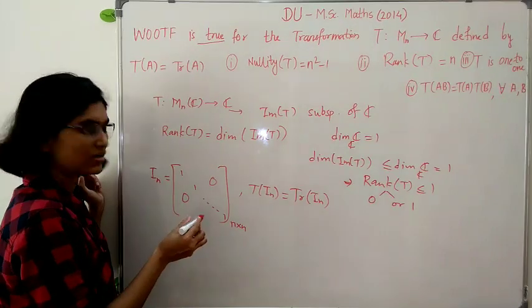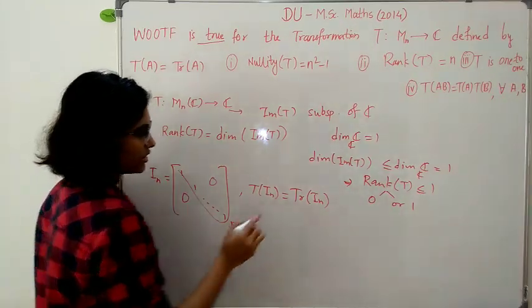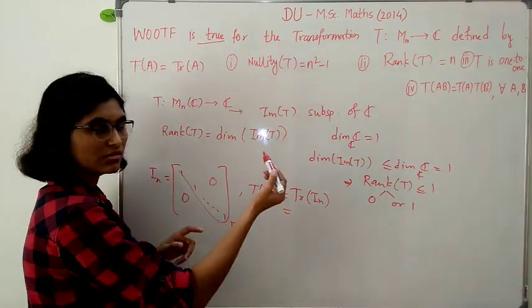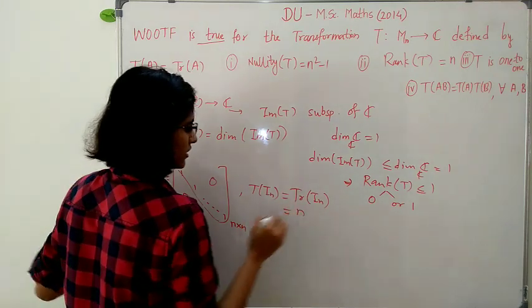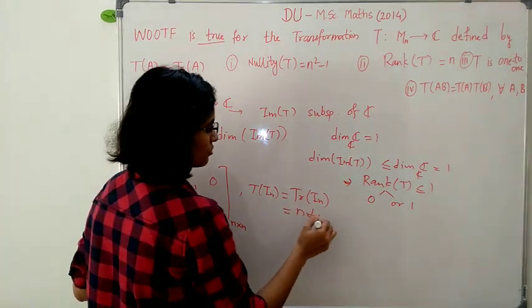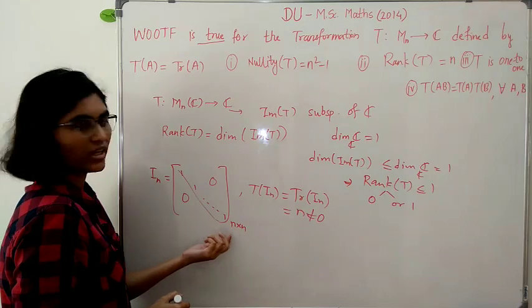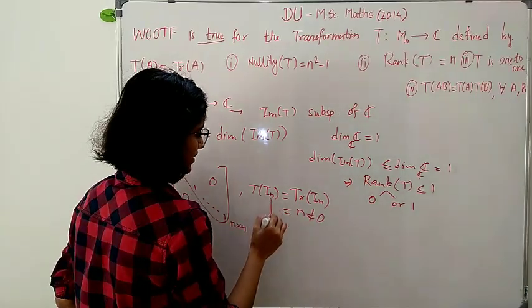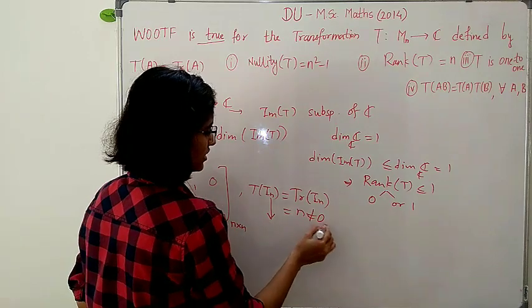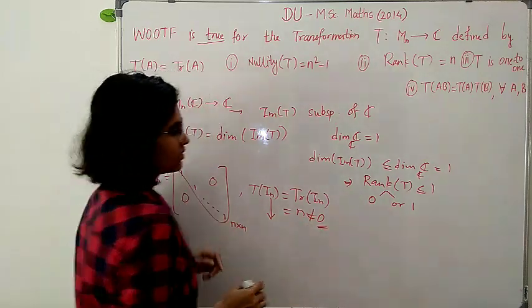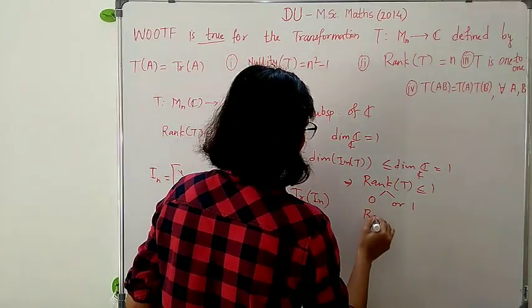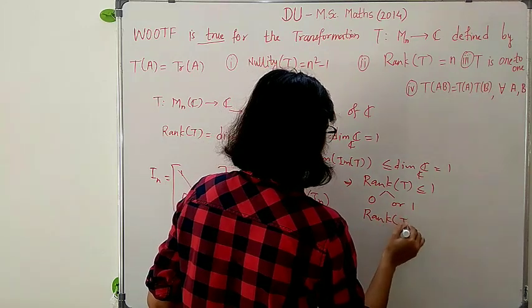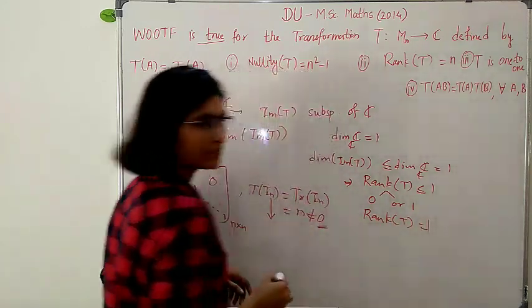Trace means you take the sum of the diagonal elements. So this is 1 plus 1 plus 1 up to n times. So this is clearly n, and n is not 0, right? It is a natural number. So we have a matrix such that the trace is not 0, so the rank of T is equal to 1.